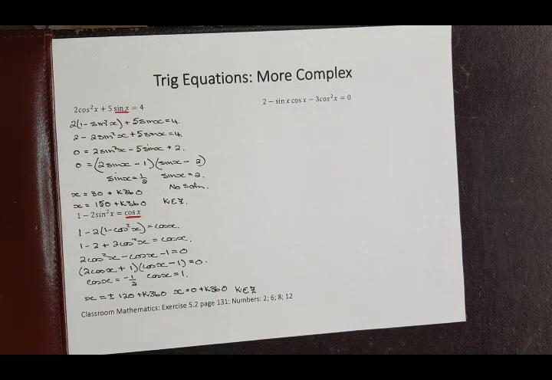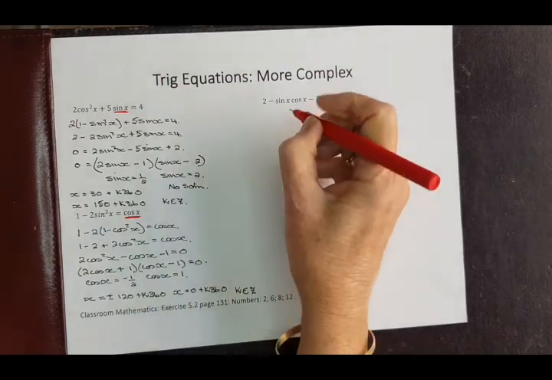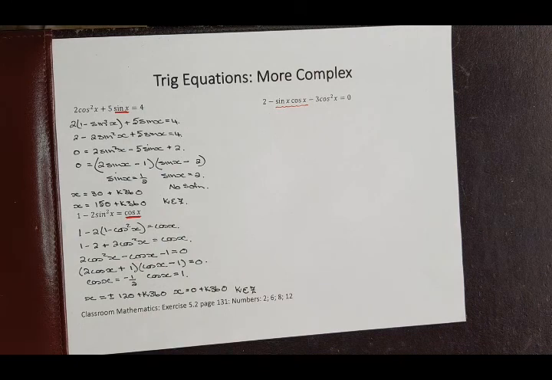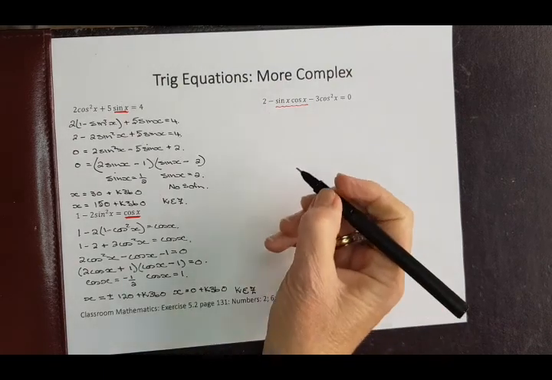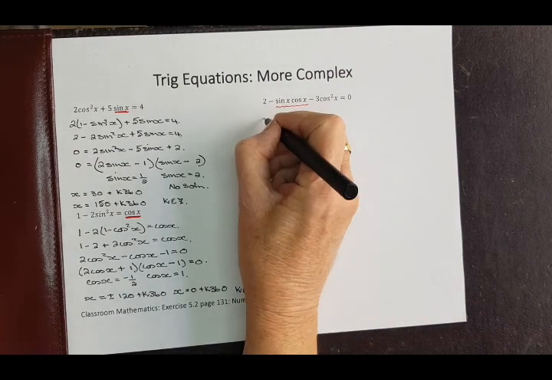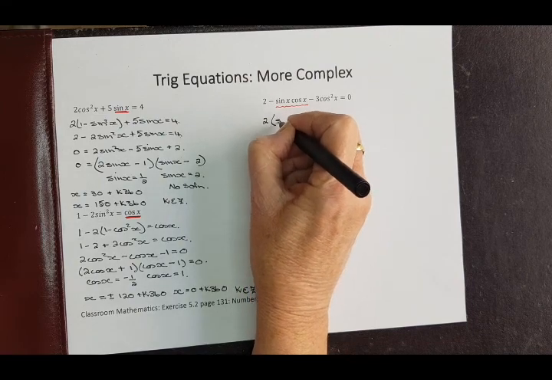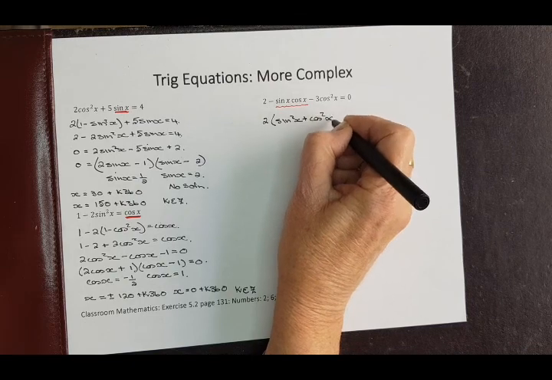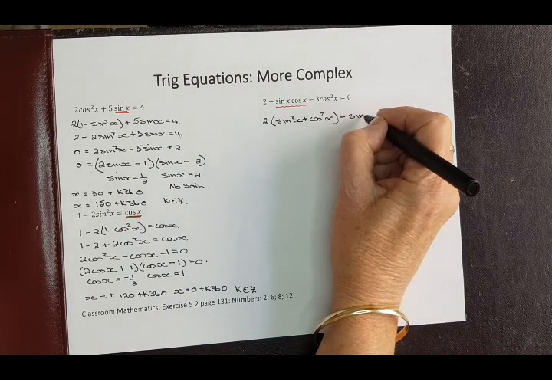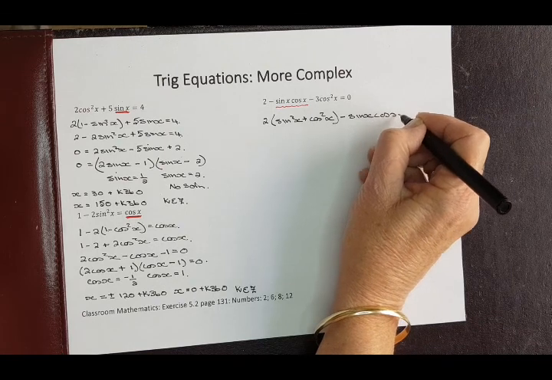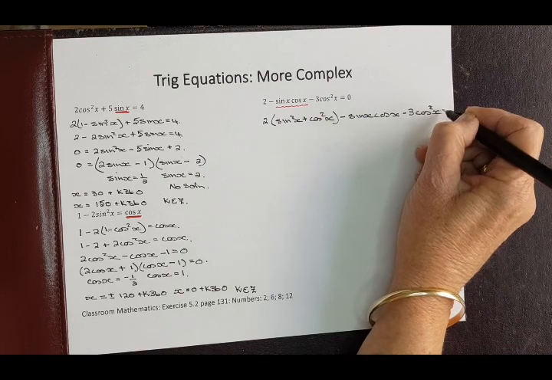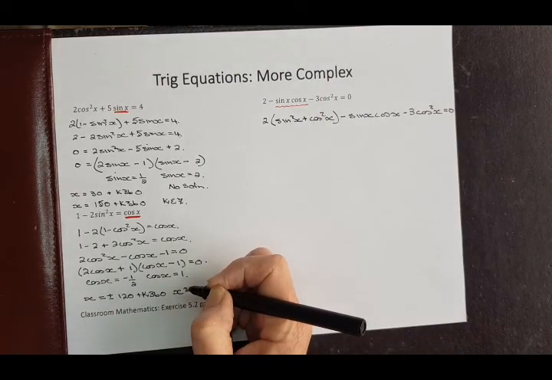Now the last quadratic I've chosen to do is going to have a middle term of sine x cos x. So that means in the sum I need both a cos squared and a sine squared term. That means I'm going to say that this becomes 2 times sine squared x plus cos squared x minus sine x cos x minus 3 cos squared x is equal to 0.